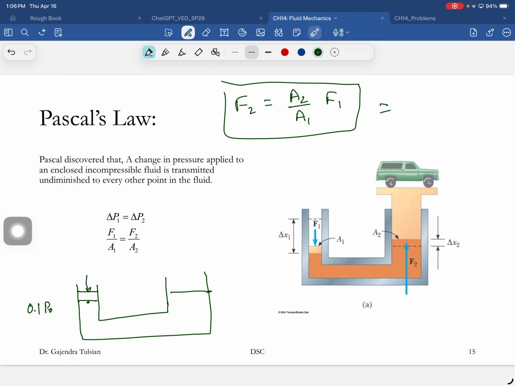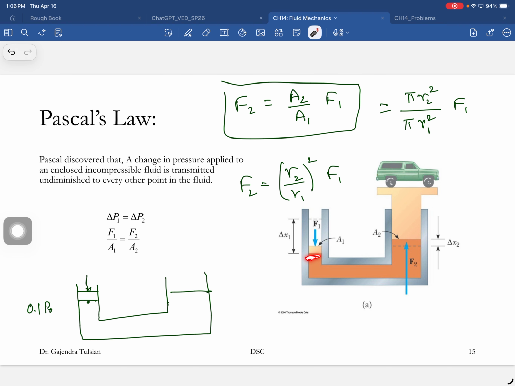Okay, so let's say these guys are circular areas. So F2 is pi R2 squared over pi R1 squared times F1, so F2 is (R2 over R1) squared times F1.